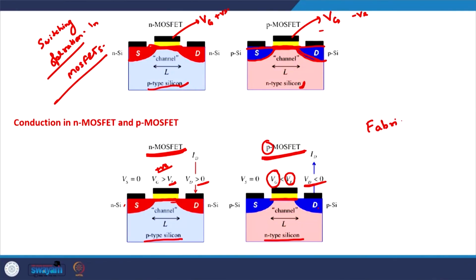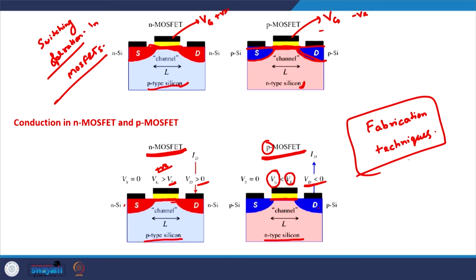That is homework reading for you. We will discuss more about the theory of conventional MOSFETs, and once we understand the conventional MOSFETs, then we will see how things are different in ballistic MOSFETs or in modern day nanoscale MOSFETs.